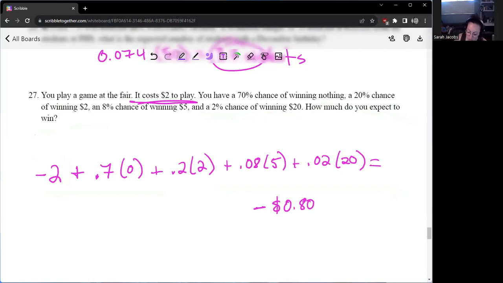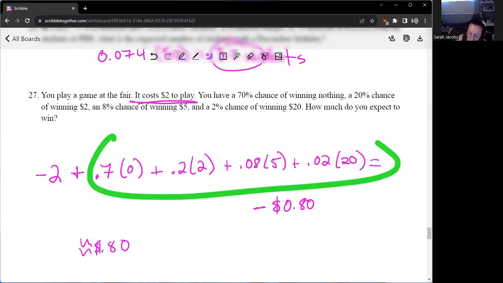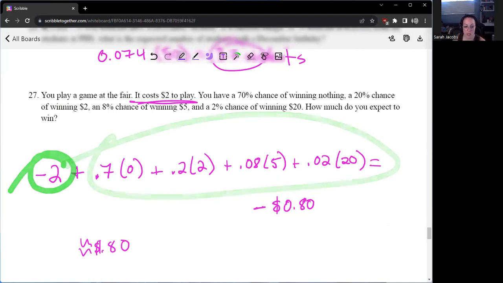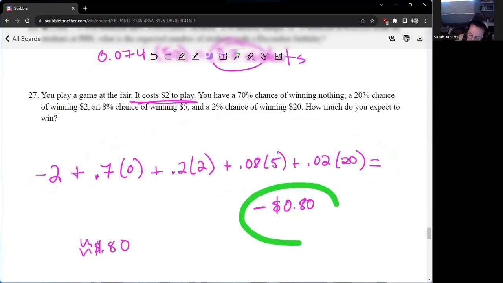So even though the expected winnings would be about $1.80 if we just did this part, because it still costs $2 to play, we have to take that out and know that ultimately we're expecting to come out at a loss here. Okay.